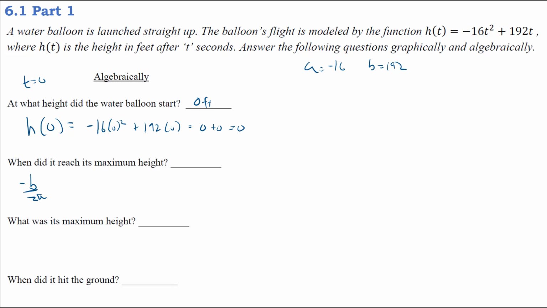So we have negative 192 over 2 times -16, which is -32, and if we do the math on that, it should give us a 6. Since t is in seconds here, it reached its maximum height at 6 seconds.